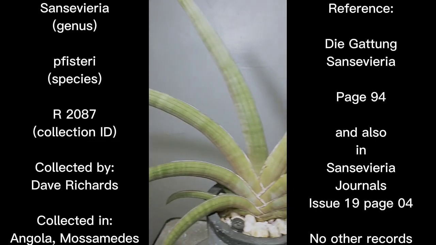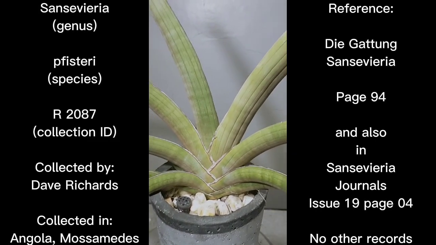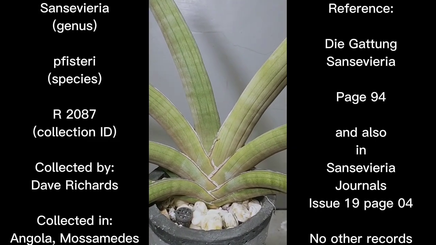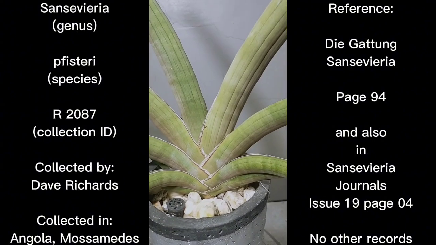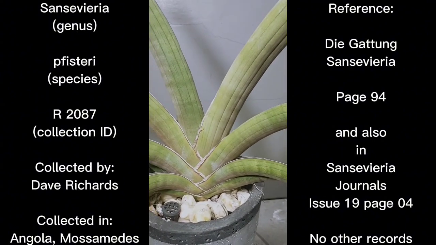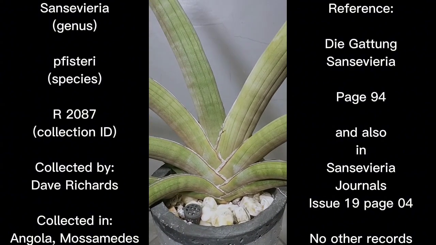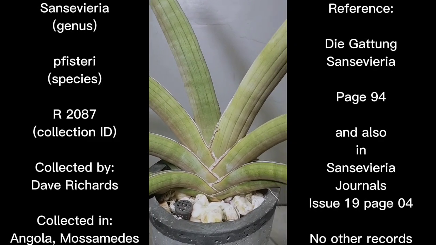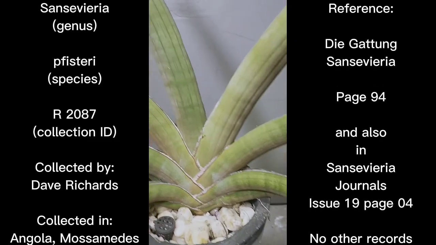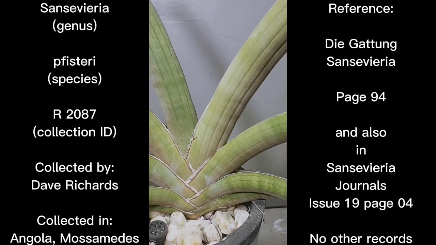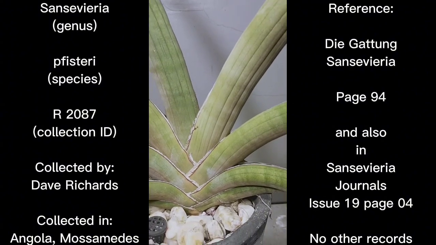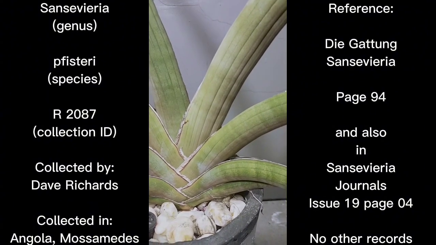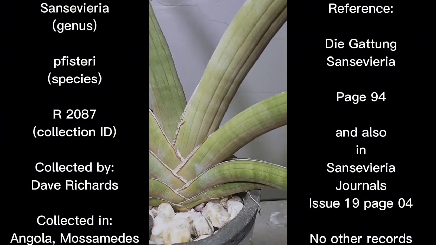In a bit we will be discussing more about the characteristics itself, but according to Peter Mansfield, the book actually is in German, so I'll have to translate it for you. Sansevieria pfisteri is stemless with subterranean, 1.5 to 3 centimeters thick, light brown rhizomes.